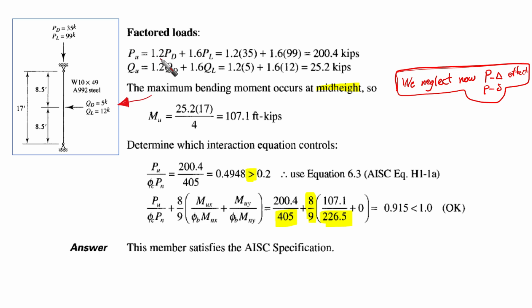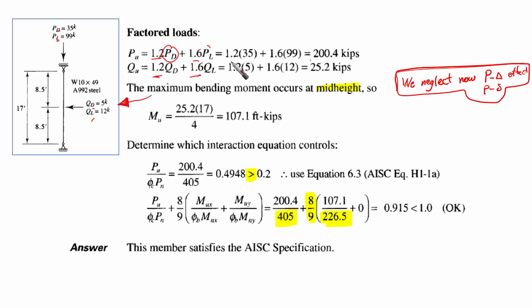P ultimate equals 1.2 dead plus 1.6 live. It is gravity loading here. Remember, everything is gravity loading, dead load and live load. So it is going to be the controlling load combination here.